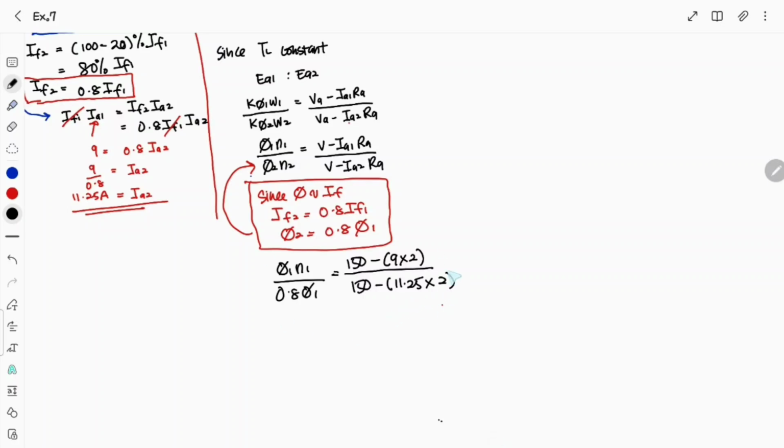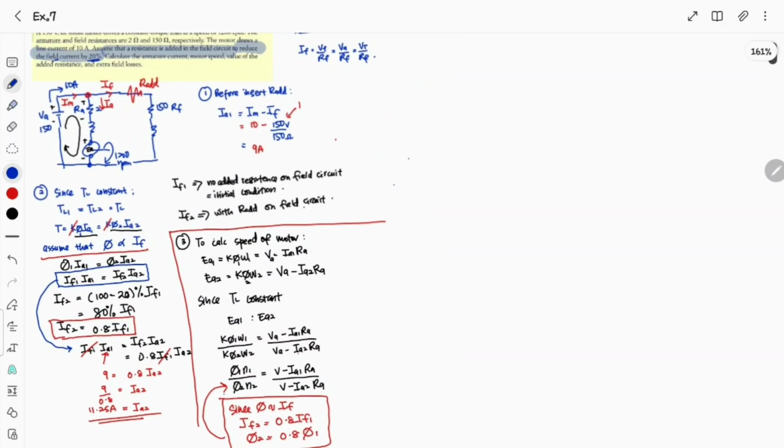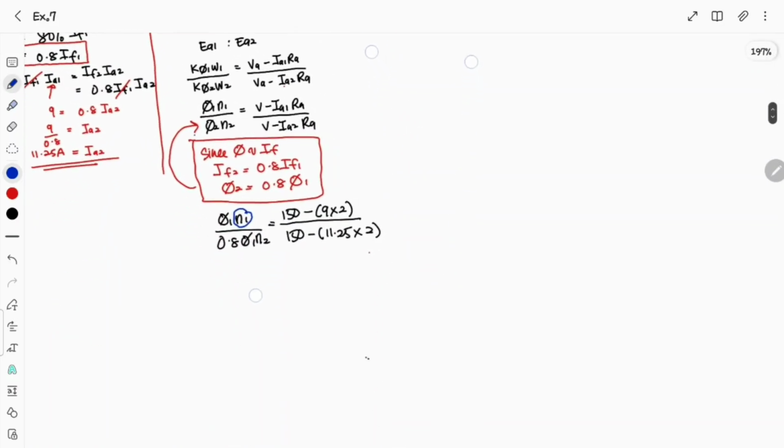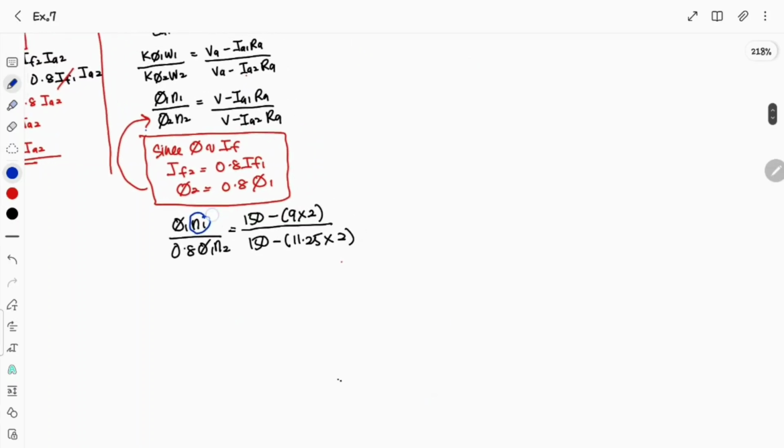Okay, settle this one. Oh, I forgot to put this one, N2. And one more thing, this N1 is what? It's this one, the initial condition for motor speed, so it's 1200 RPM.